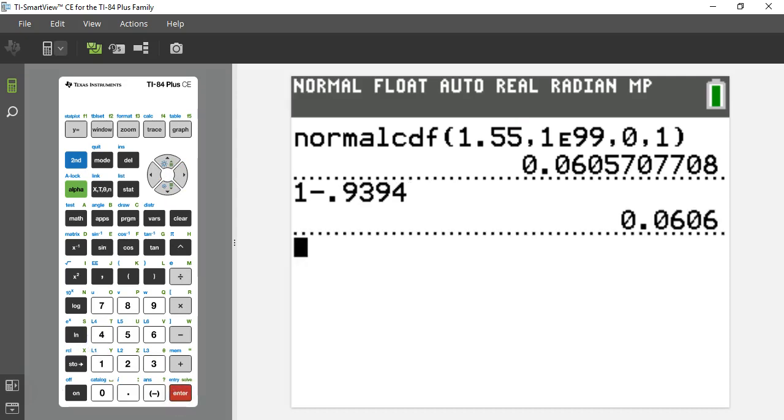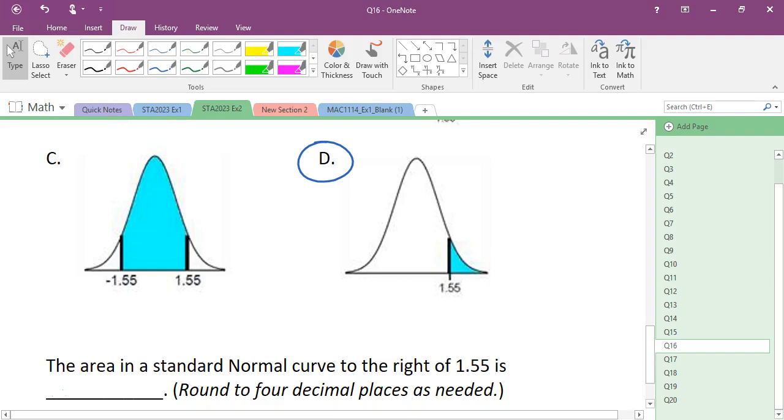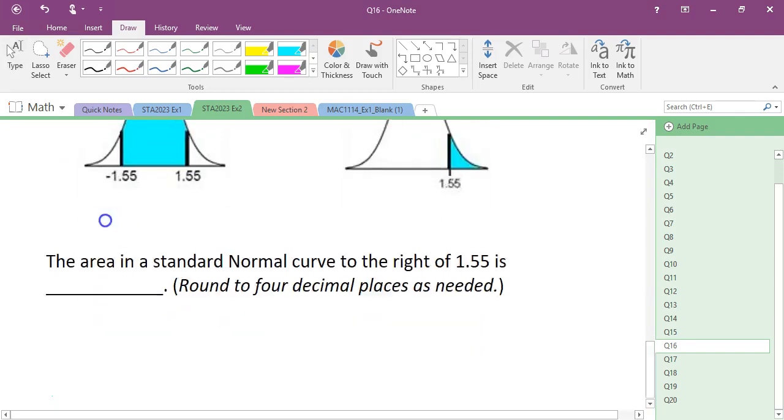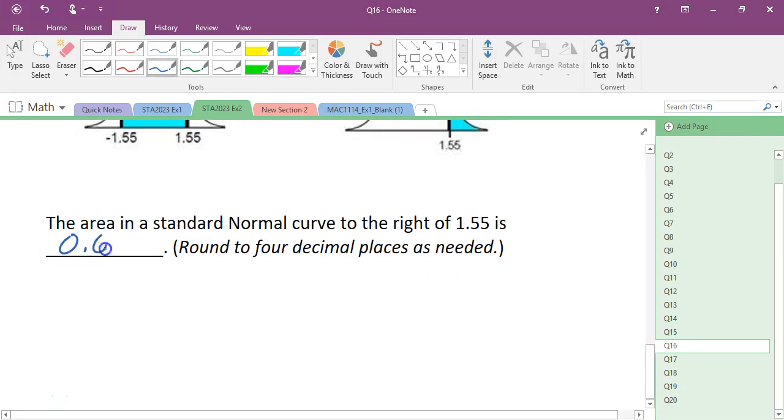Same answer. You could also do that in StatCrunch if you wanted to as well. So 0.0606. And there we go.